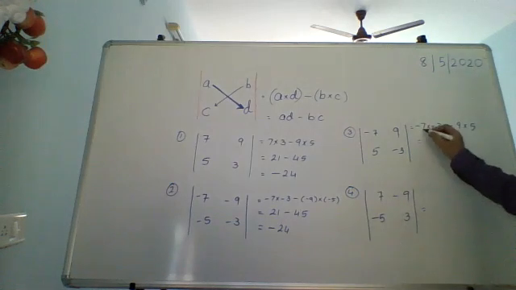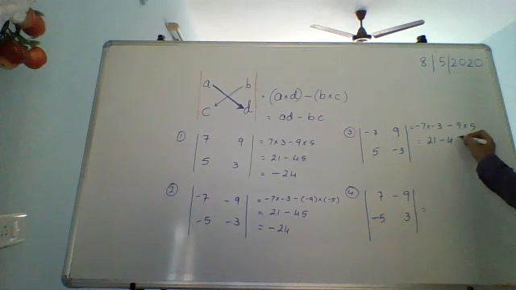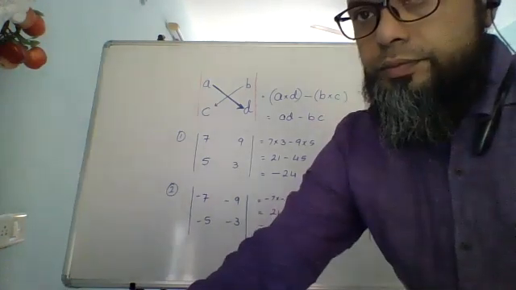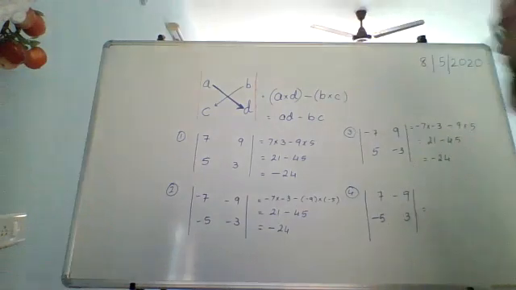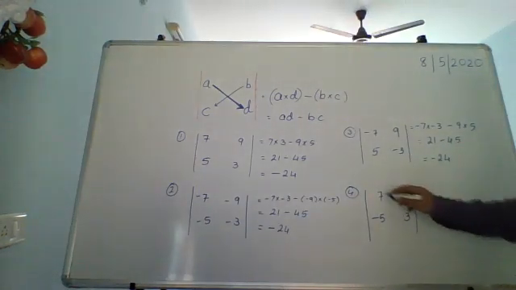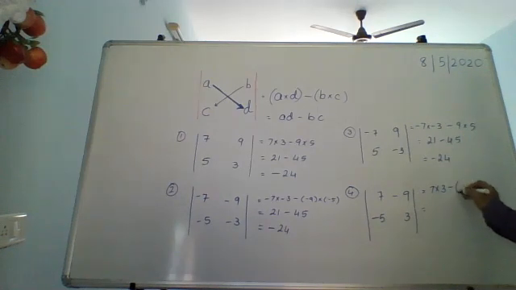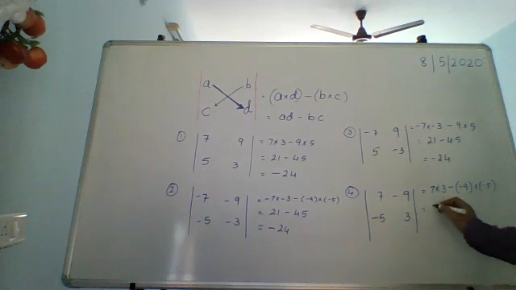Minus into minus is plus, 7 into 3 is 21, minus 45, minus 24, which is -24. And now here 7 into 3 minus -9 into -5.